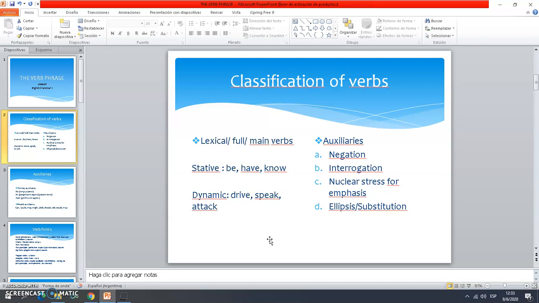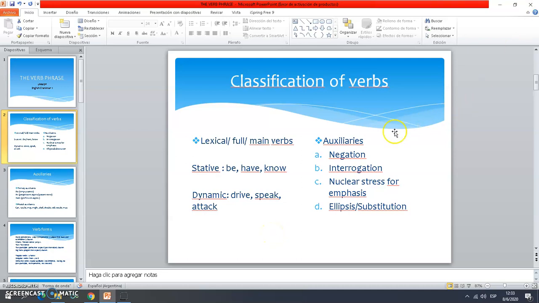Well, it proves important when we discuss, for example, the use of the progressive aspect. Stative verbs do not usually co-occur with the progressive aspect, whereas dynamic verbs tend to co-occur with the progressive aspect. What we're saying is the verb to be is not usually found in progressive tenses, okay?